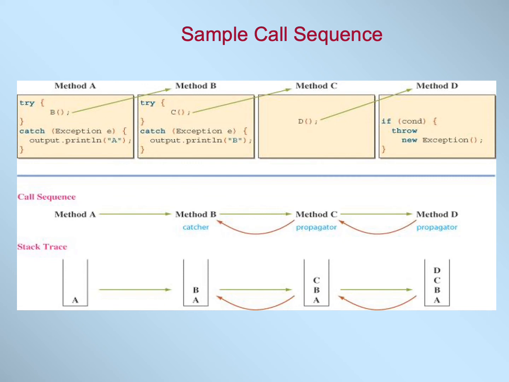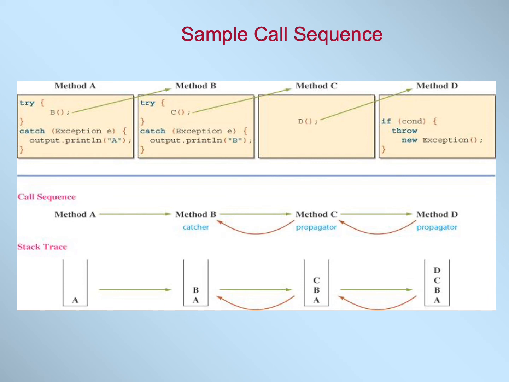So what happens over here? We have method A. In the try block, it calls method B. So we go to method B, and inside the try block, it calls method C. Method C calls method D, and method D throws a new exception.